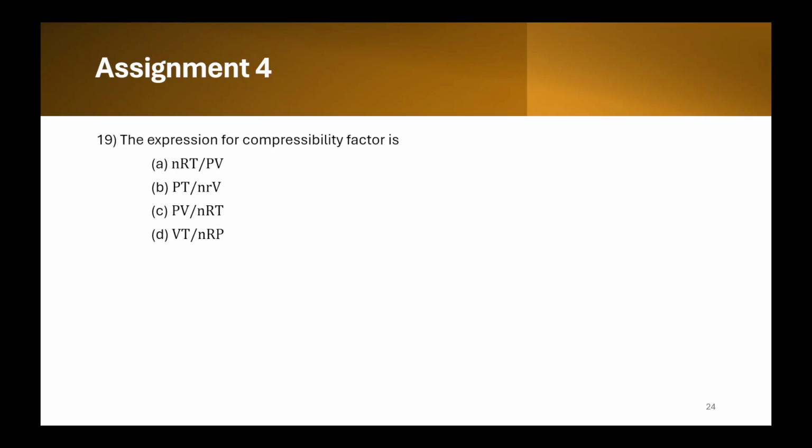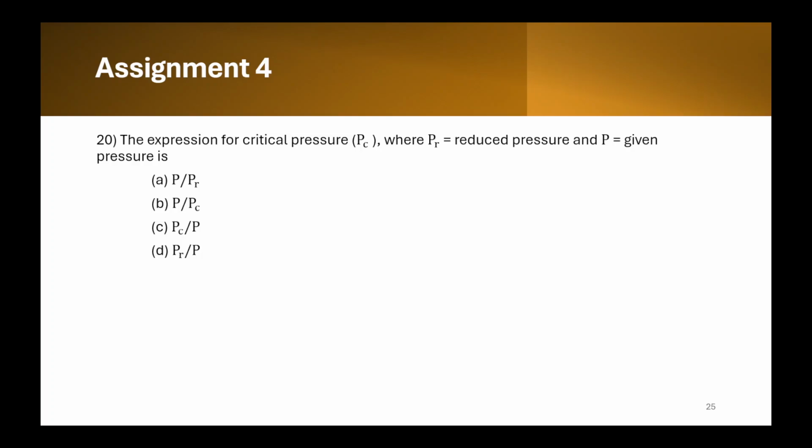Next question. The expression for compressibility factor is, what is the expression for compressibility factor? We have discussed this. It is PV by nRT. C option, correct. Next question. The expression for critical pressure, where PR is reduced pressure and P is given pressure, is.